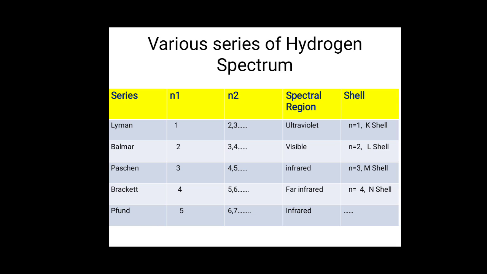In the Lyman series there are two energy levels: N2 means the higher energy level and N1 means the lower energy level. When the higher energy level N2 is equal to 2 in the Lyman series, the electron transitions to the lower energy level, where n is equal to 1 in the K shell.